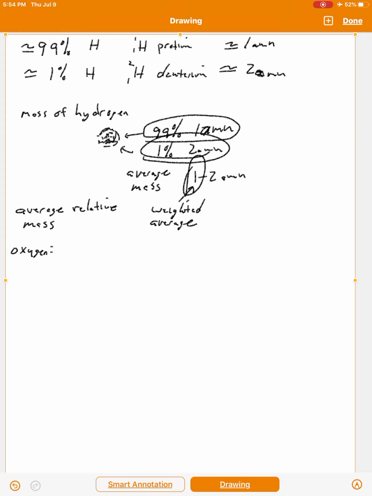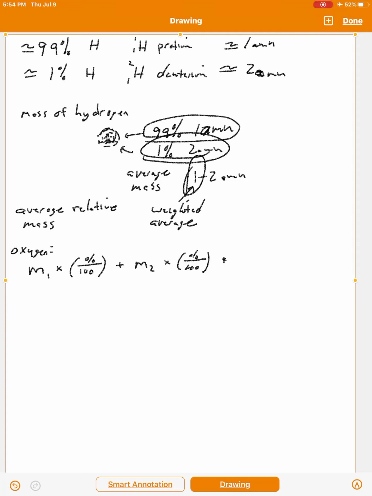What you do is you take the first mass, I'll call it M1, and you multiply that by the percentage over 100. And then you add that to the second mass, and you multiply that by the percentage over 100.